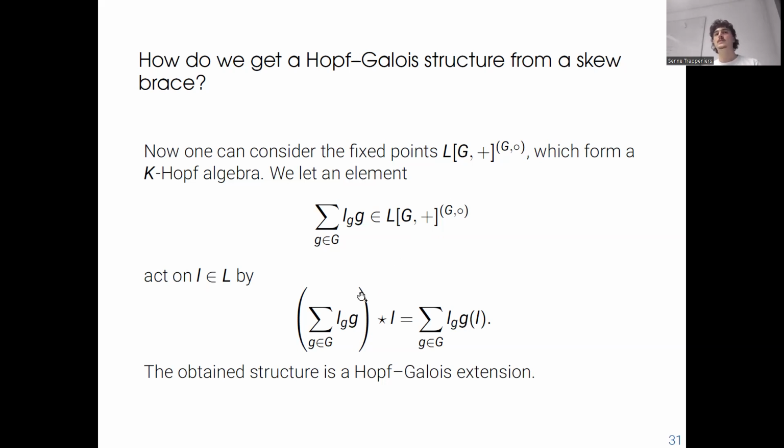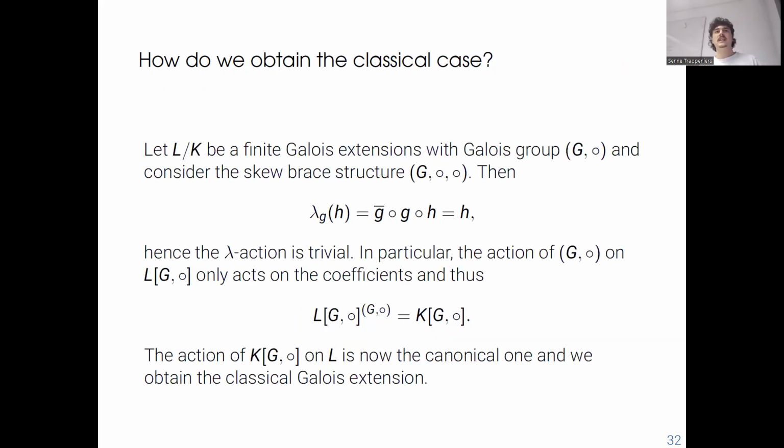So it's somewhat surprising that what we define here, although the ring multiplication is given by this plus operation, it still makes sense and gives you an action. Okay, so this might look complicated, but now we can look at what this looks like in a concrete example.